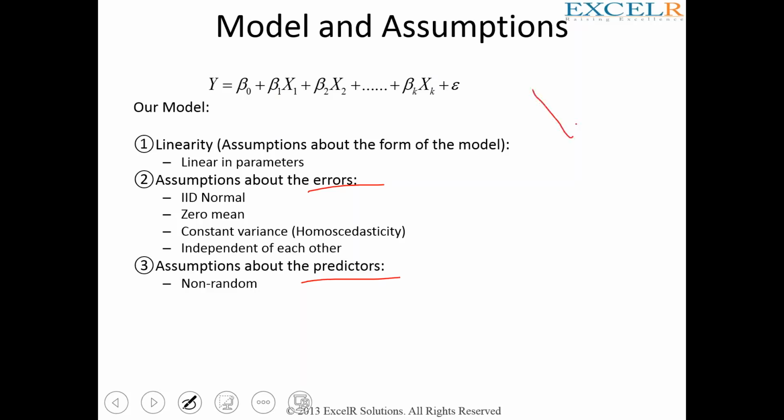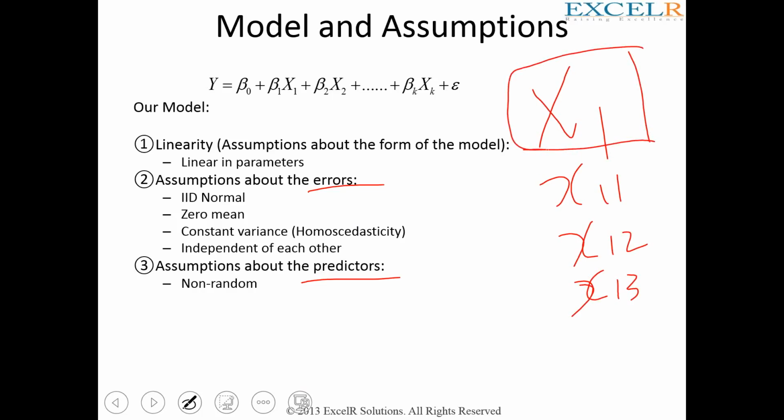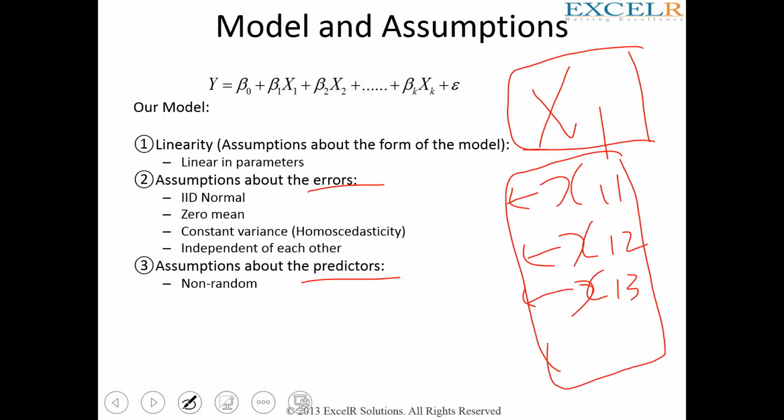Say there is one input variable called x1, with values x11, x12, x13, and so on. Say x1 is the height of people: the height of the first person, second person, third person, and so on. All these values should be fixed or selected in advance.